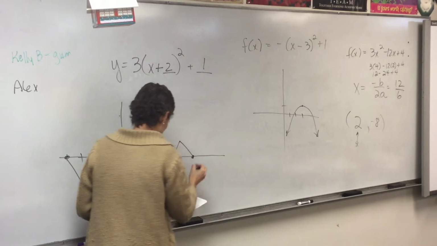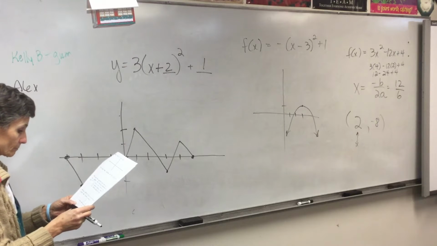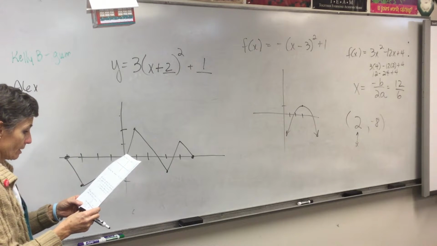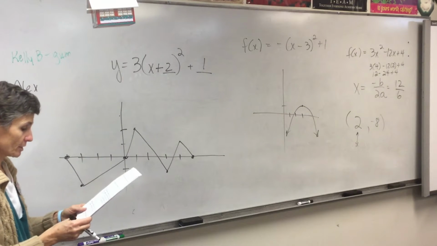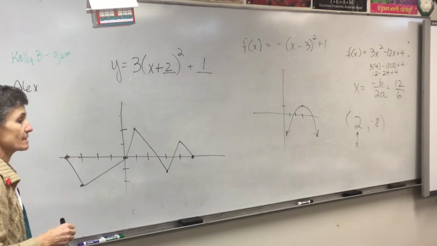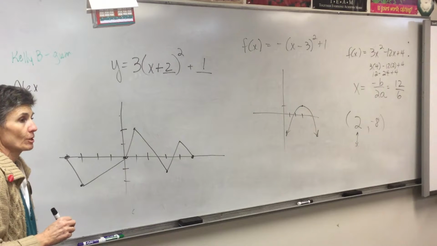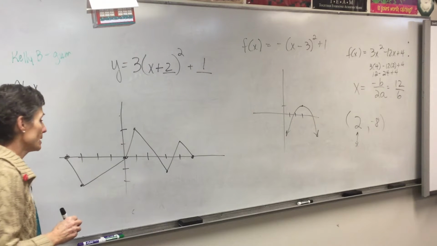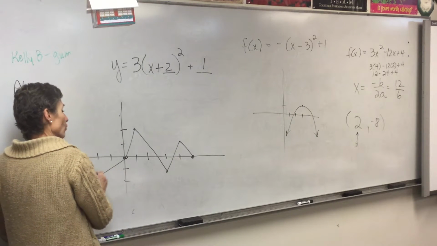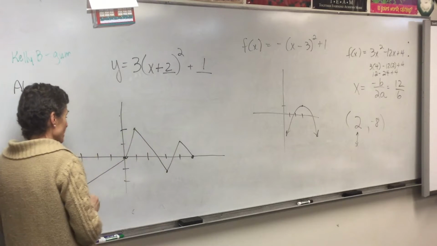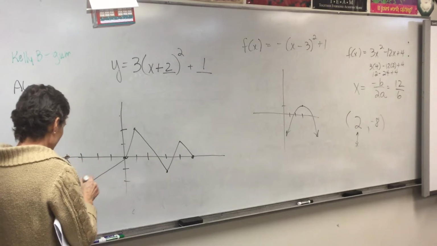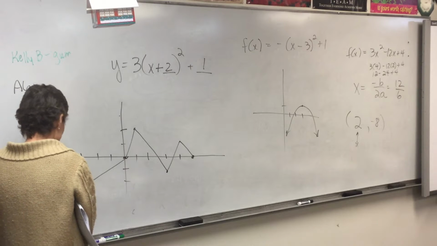All right, so I'm going to use interval notation to describe where this thing is increasing. All right, what does increasing mean? Going up. So if I just start drawing over this picture left to right, where am I going up? That's the part of the graph I'm interested in.